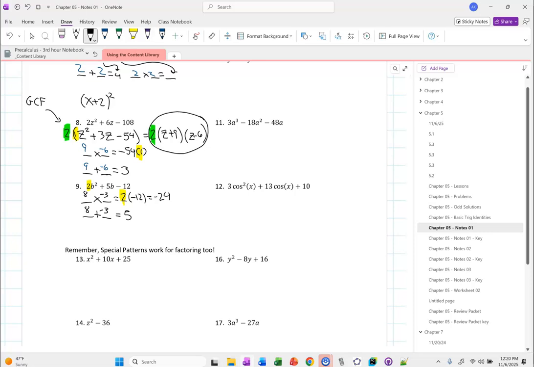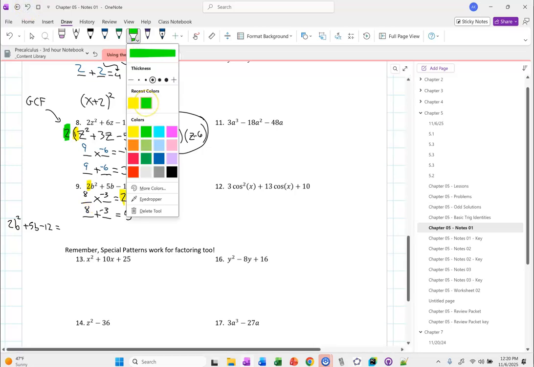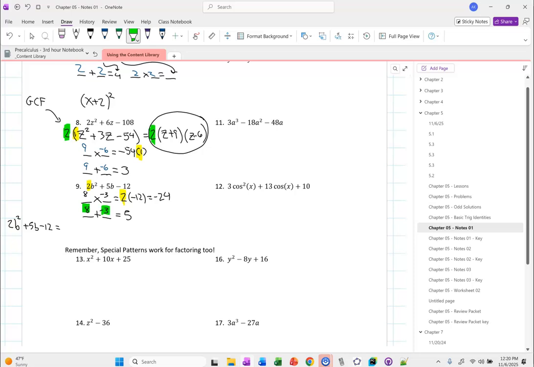We have to write this as a factor by grouping problem. So, let's give me a different color actually. What the 8 and negative 3 do is tell us how to rewrite that 5.